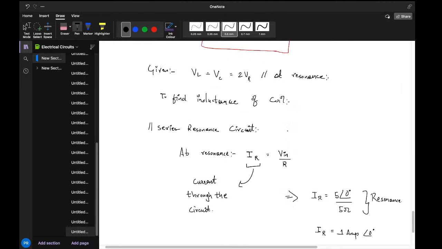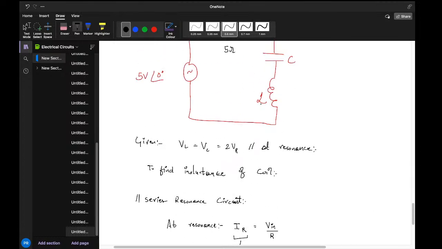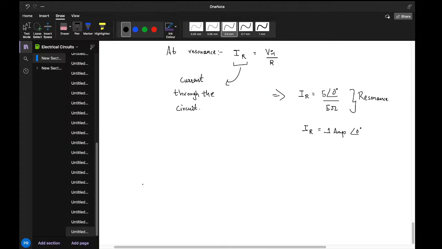So we are not interested in finding the voltage across the inductor, but we are interested in finding the inductance value L. Inductance of the coil L. Okay. So it's given that the voltage across the load is equal to 2 times V of R. Okay.